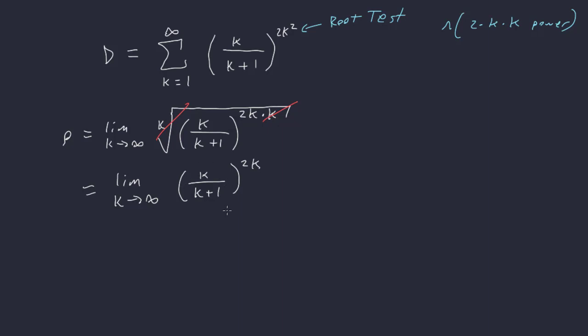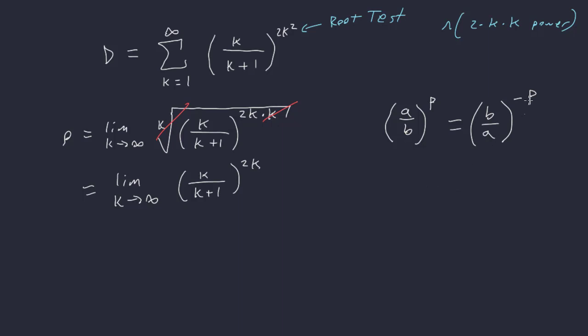However, it's flipped over. It would be if it was flipped over. So I'm going to use this rule here. If I have a fraction, provided a isn't 0, and I'm raising it to some power, I can flip the fraction over on the inside, provided I negate the power.